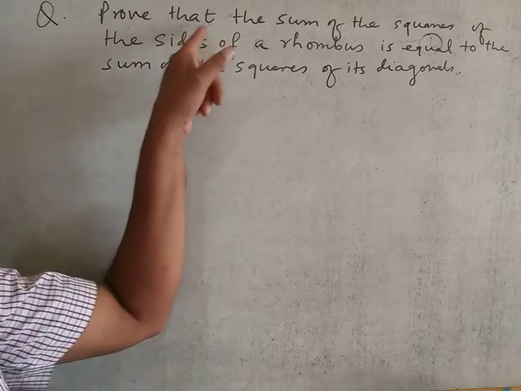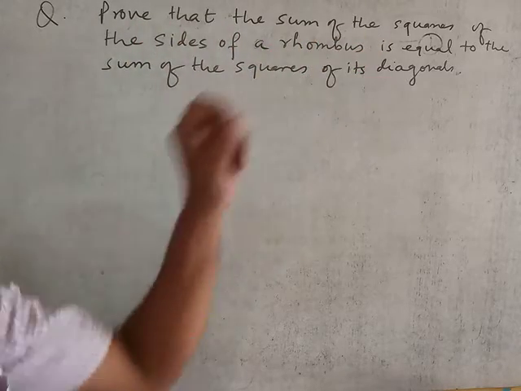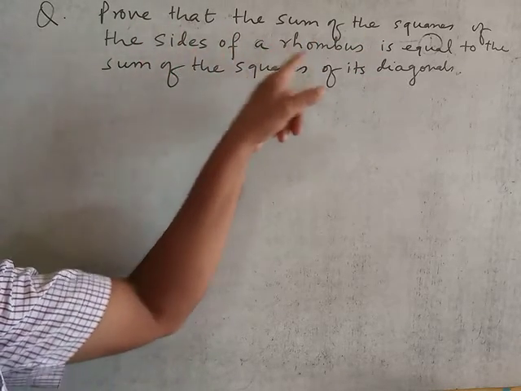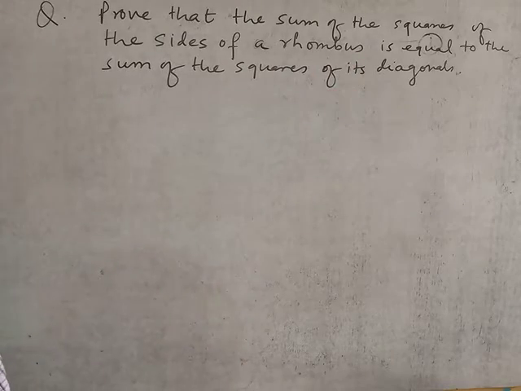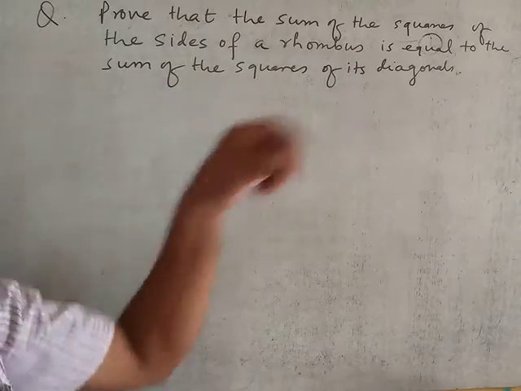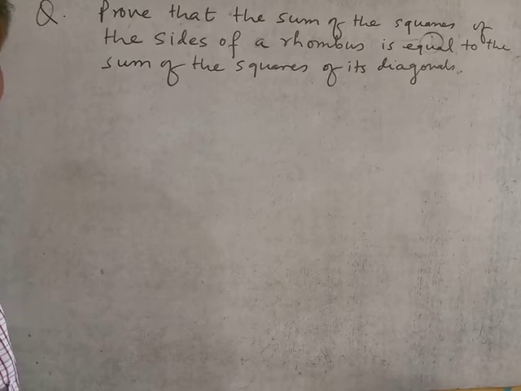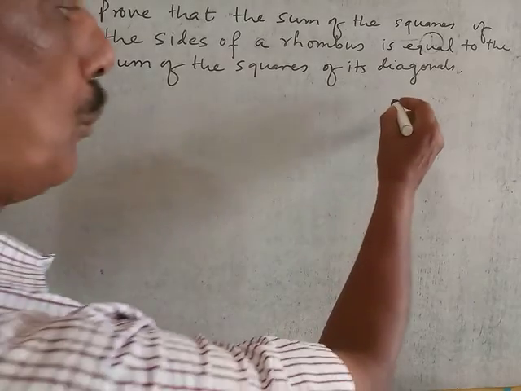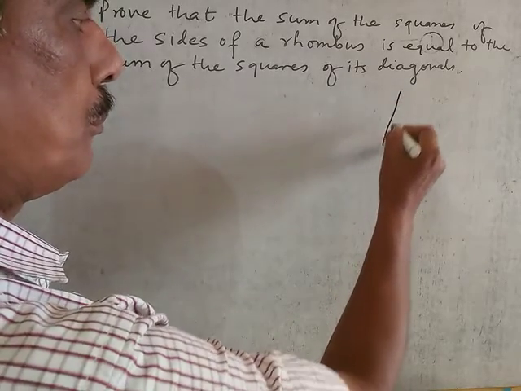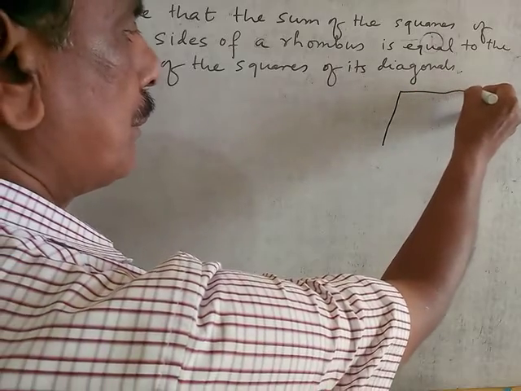Prove that the sum of the squares of the two sides of a rhombus is equal to the sum of the squares of its diagonals. Let me draw a rhombus. You know what a rhombus is?